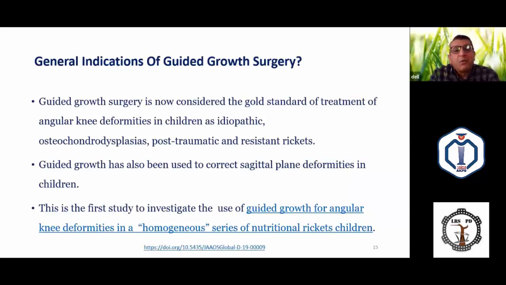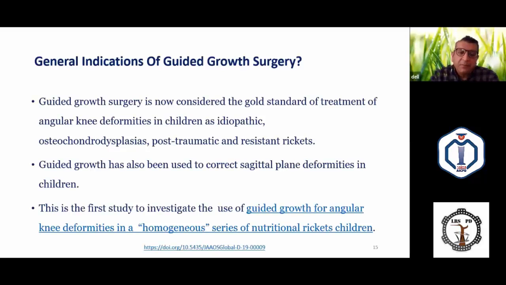It's used across a wide variety of pathologies: idiopathic, osteochondral dysplasias, which are also known as bone dysplasias or genetic bone diseases, which are a wide group of disorders, post-traumatic, and resistant rickets, all, of course, with different success rates, but it is becoming the gold standard. Guided growth is also used to correct sagittal plane deformities, and the most evident example is correcting knee flexion deformity in cerebral palsy patients.